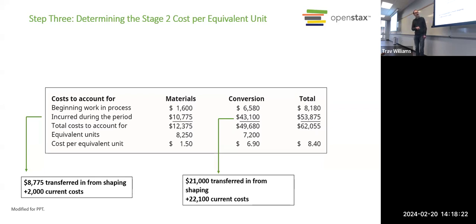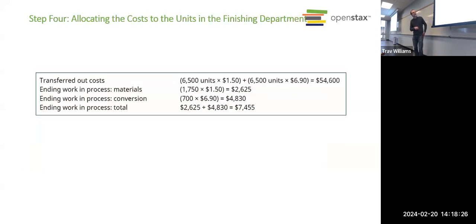Okay. Then with those costs per unit, that's where we can then apply it. If the packaging department completely packaged and transferred out 6,500 units, multiply that number by the material cost per unit, by the conversion cost per unit, and get your total cost per unit, or total cost, right?